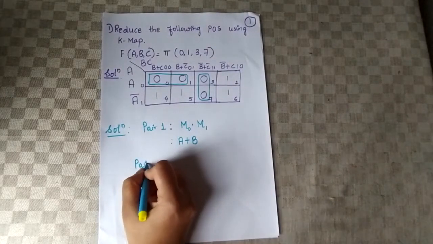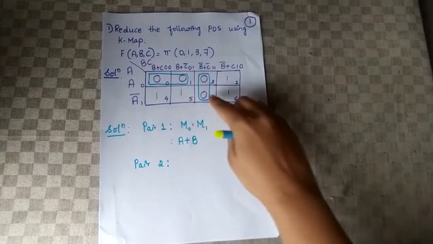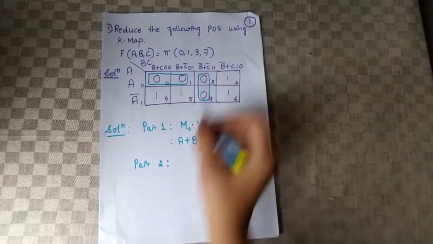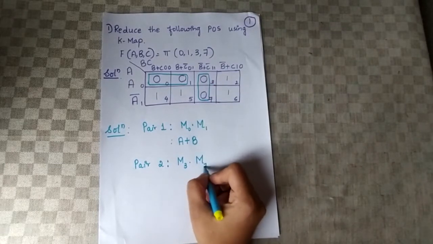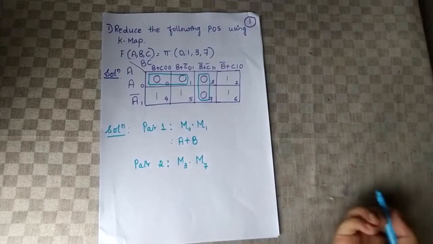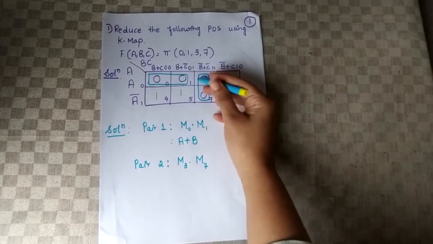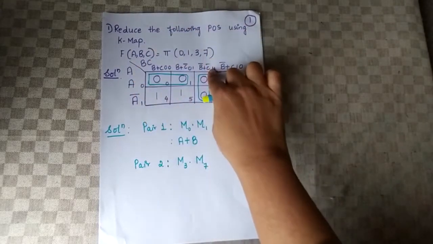Next, pair 2, which is this one. So they are M3 dot M7. Now, this particular pair is associated with these two rows and this single column.